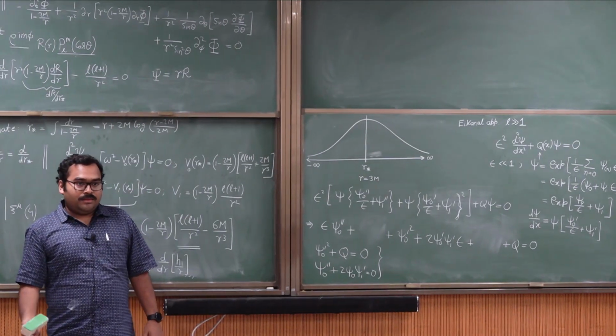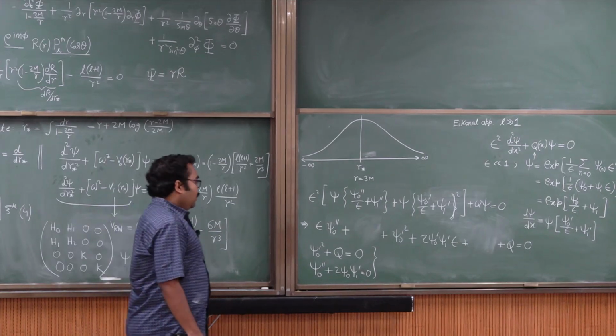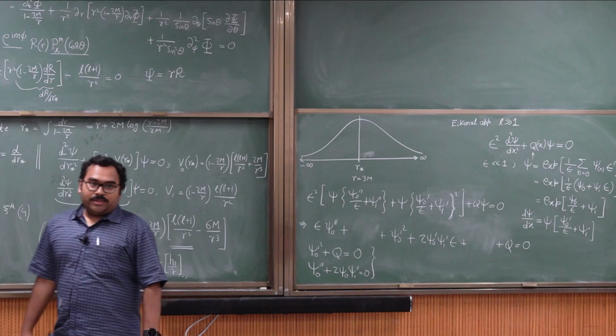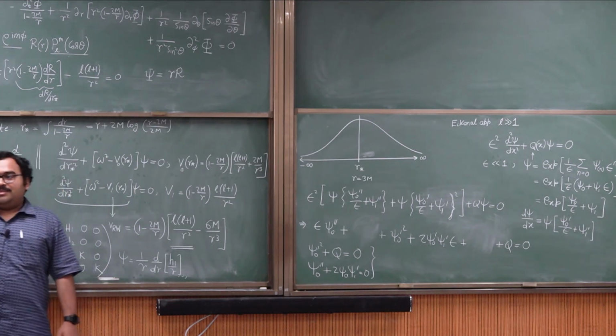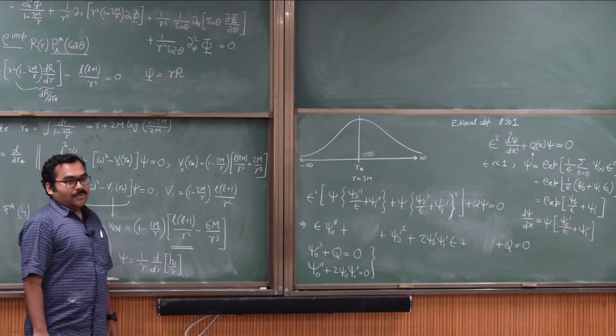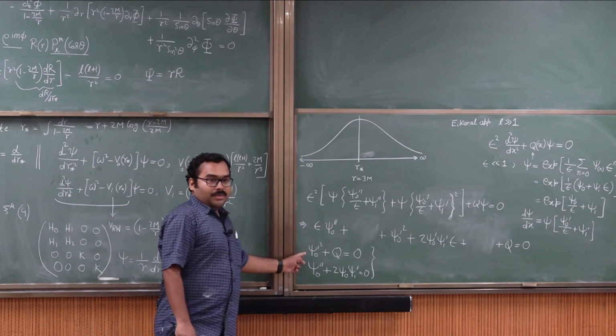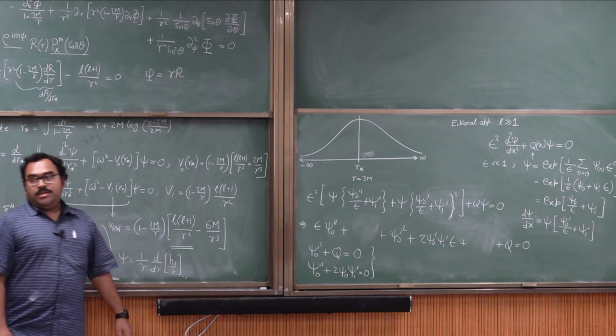Correct? Fine. Now this equation is your Newton's law in quantum mechanics. Can you see that? So this is what is known as the Hamilton-Jacobi equation.